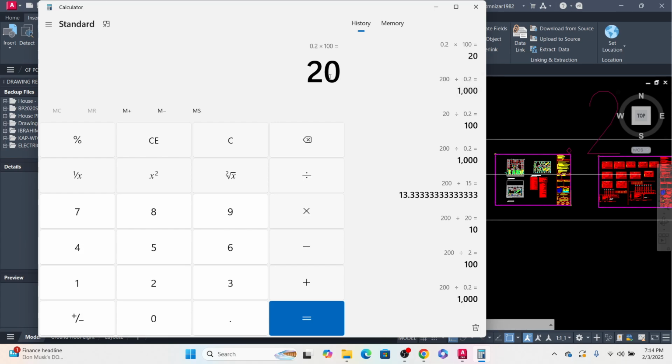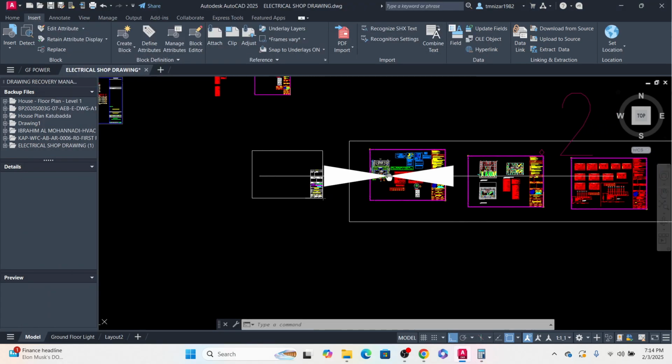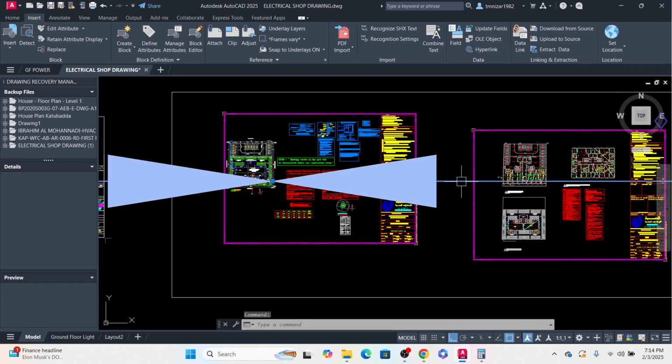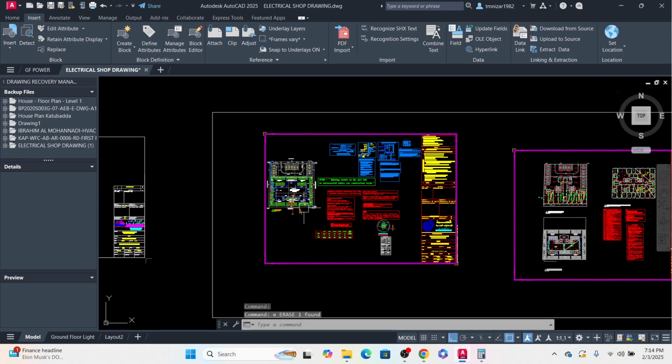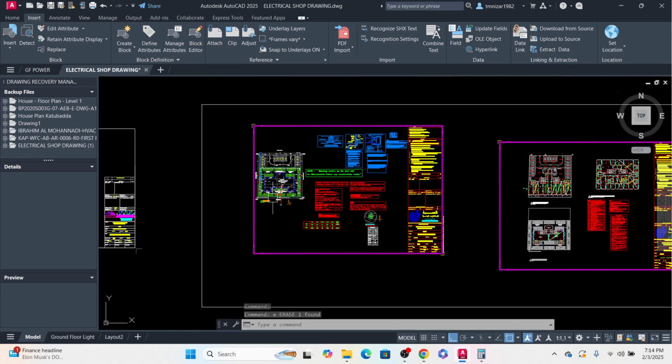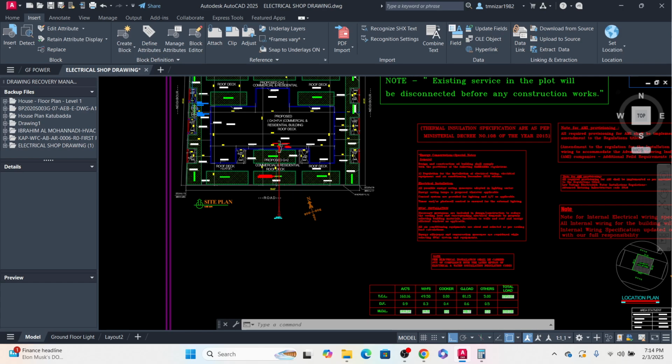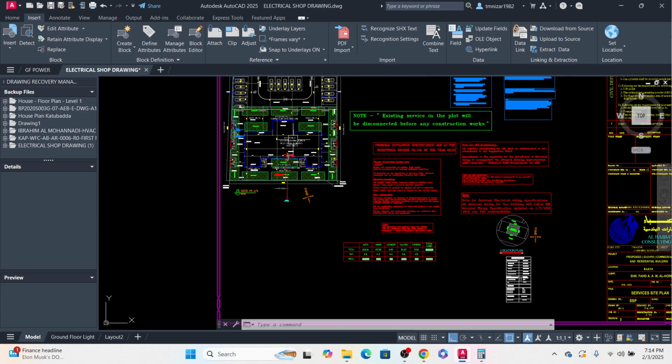So 20 meaning, I know the actual wall size is 200. So if you reduce by 10, it will come 20, meaning centimeter. If 200 is mm, then 20 is centimeter. Like that you have to understand. A little difficult to understand this one, but if you watch the video 2-3 times, you will know what I am trying to say. So this is the way we find the scale of the drawing.